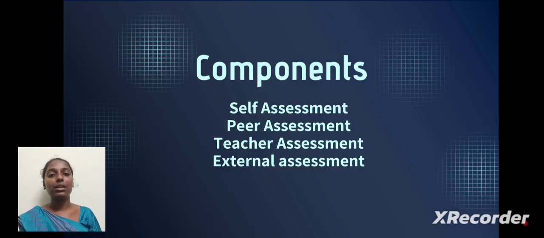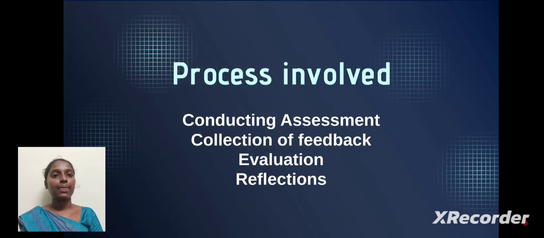In peer assessment, they will collaborate with their friends or team members or colleagues to know their improvements in their specific area or field. Then teacher assessment, the teacher will assess the student's performance. And in external assessment, parents or any stakeholders will assess their improvement.